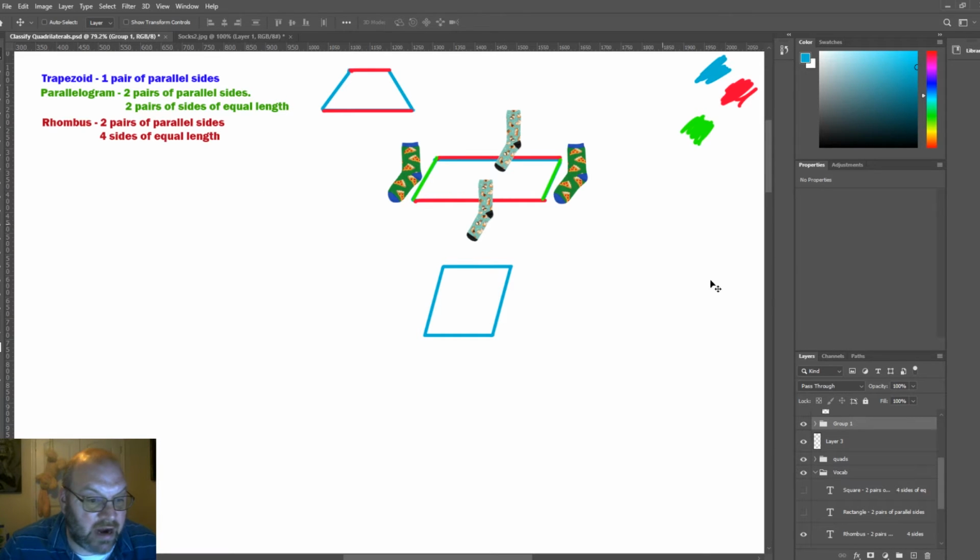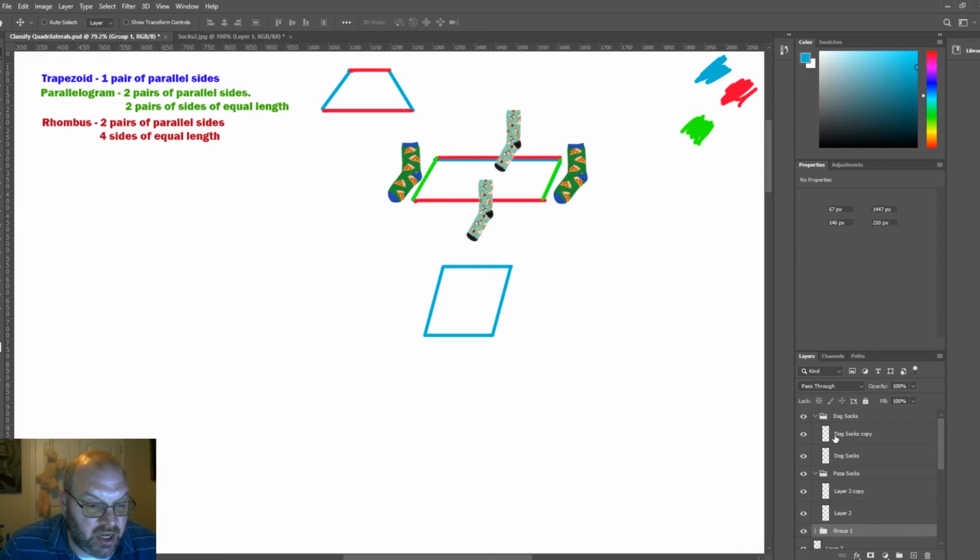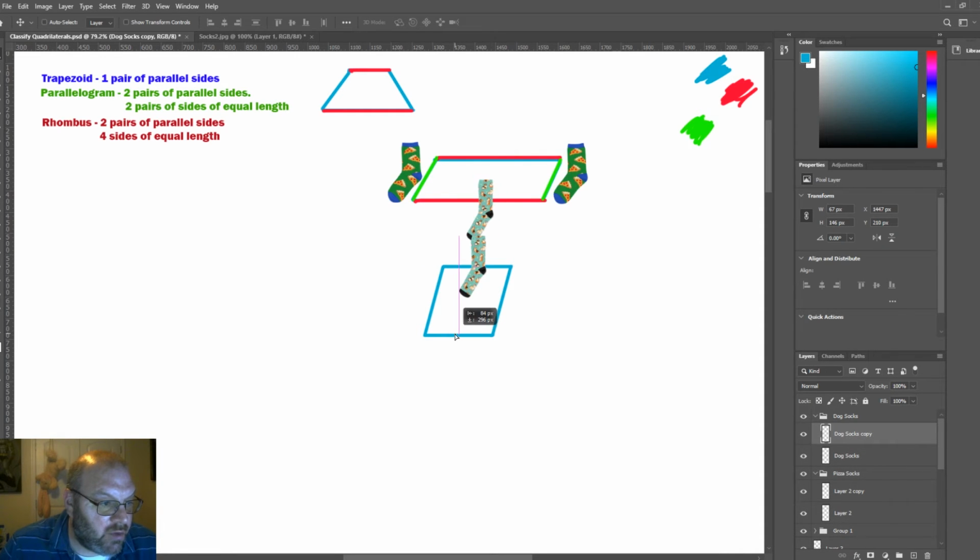Okay? So let's grab our dog socks and we'll say that one, yeah. Two pairs of parallel sides. Well, how many pairs is this? How many pairs of socks is this? That's just one pair, right? So we got one pair of parallel sides.